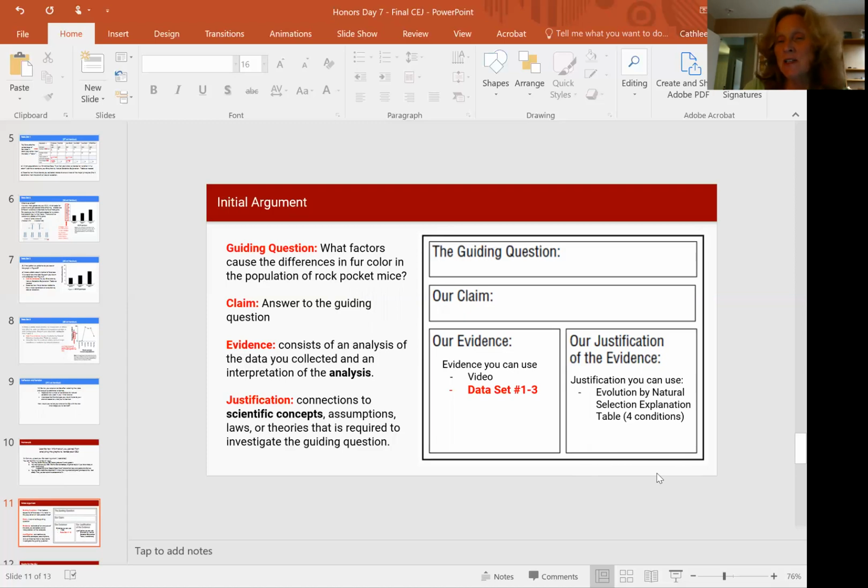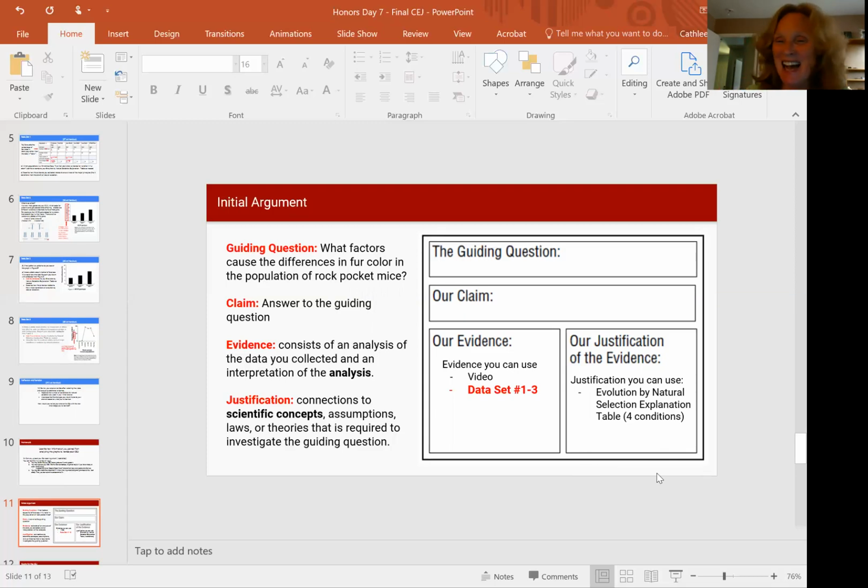So your connection to the scientific concepts is where you're going to say, when you're looking at, for instance, adaptation with the rock pocket mice, and so on. And if you look at my graph, you would see that such and such is showing this.